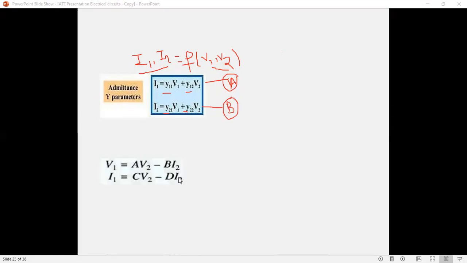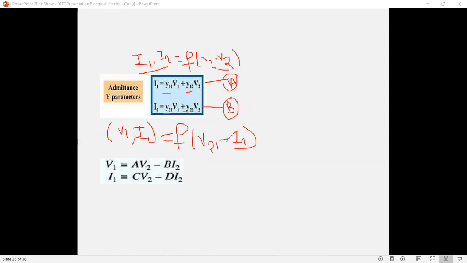it is the ABCD parameter. In the case of the ABCD parameter, the input voltage V1 and the input current I1 are a function of V2 and minus I2.